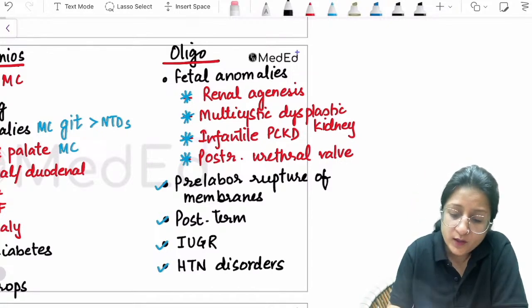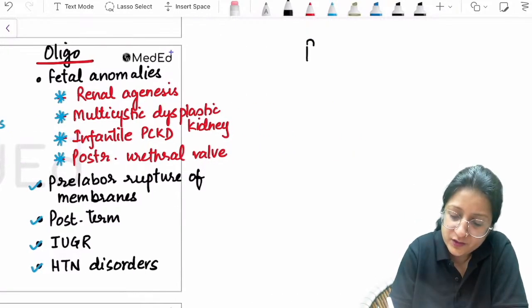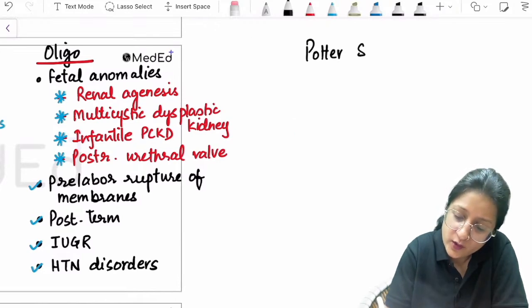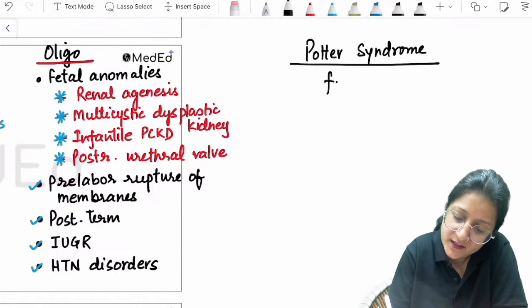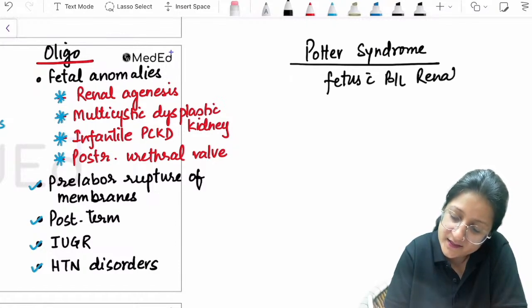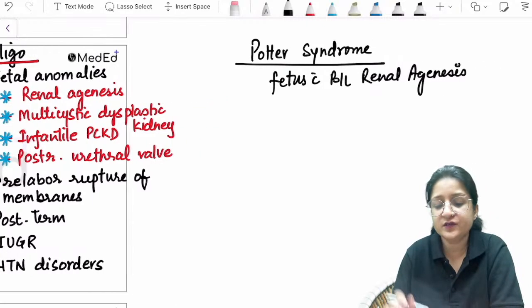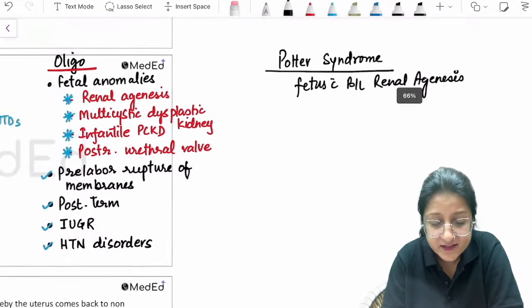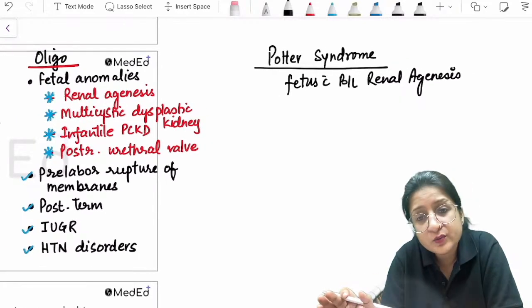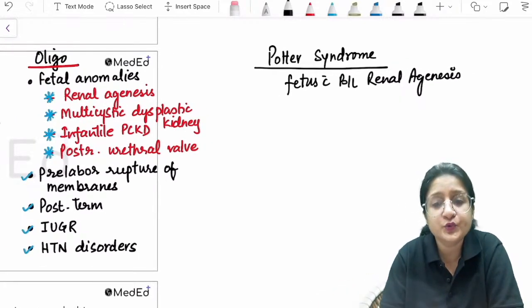Now some of you mentioned Potter syndrome. What is Potter syndrome? Potter syndrome is seen when there is a fetus with bilateral renal agenesis. Bilateral renal agenesis meaning that from 18 weeks onwards, this fetus is not going to produce urine.